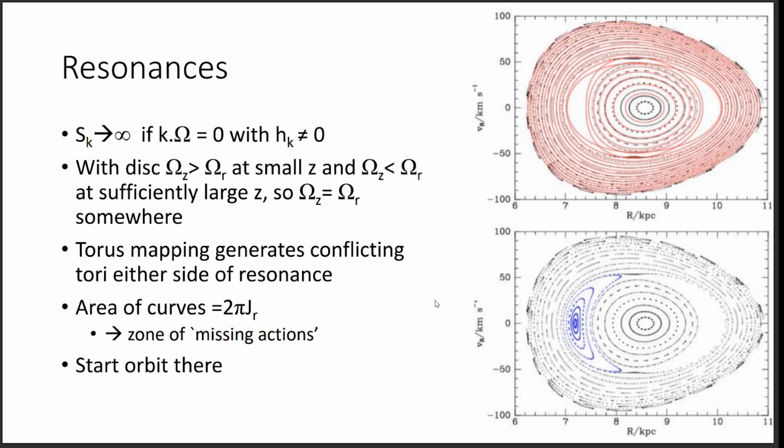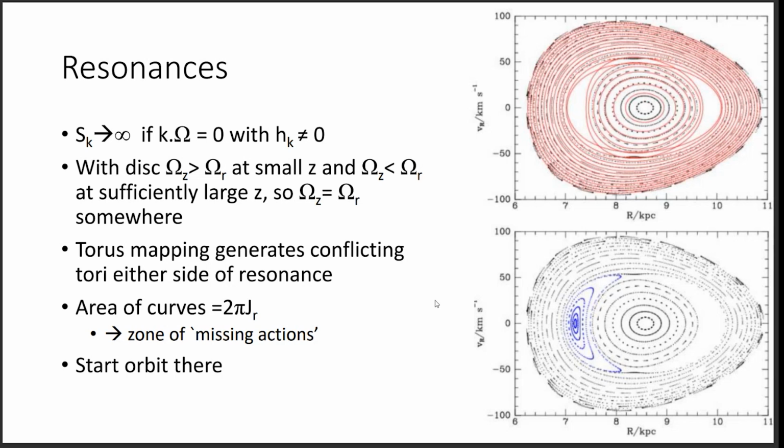toruses, and use the initial conditions to integrate an orbit, and this is what you get. So these blue points have been obtained by integrating a series of orbits with initial conditions in this zone of missing actions. This is a region in which you can find no orbits with appropriate radial action, and you see you get these.